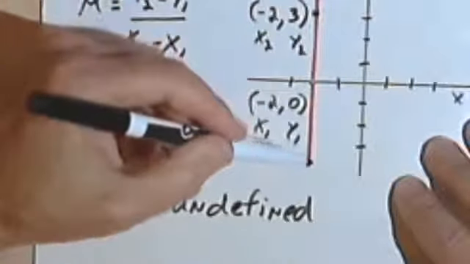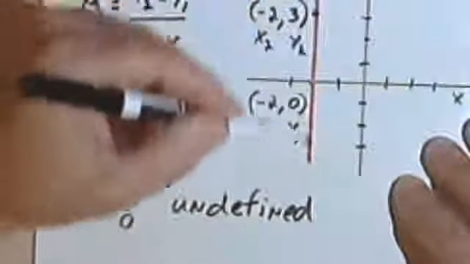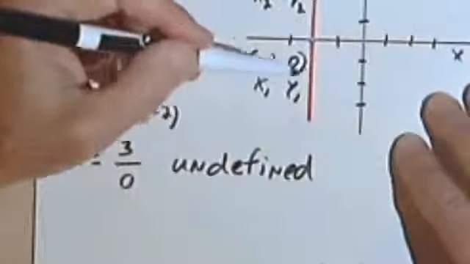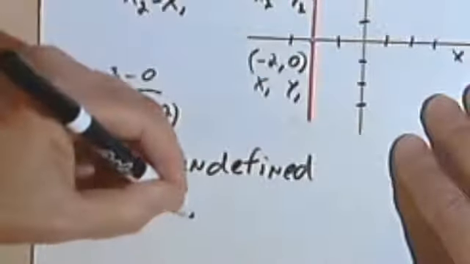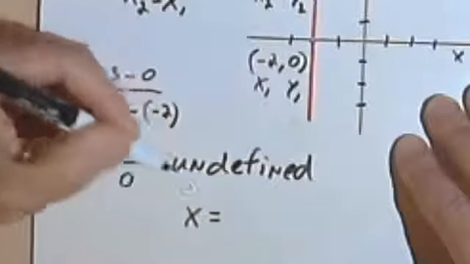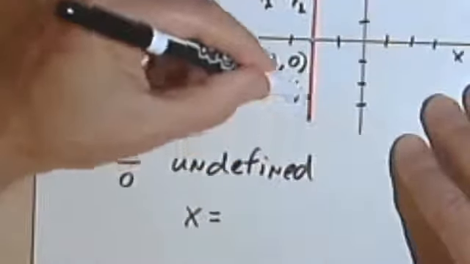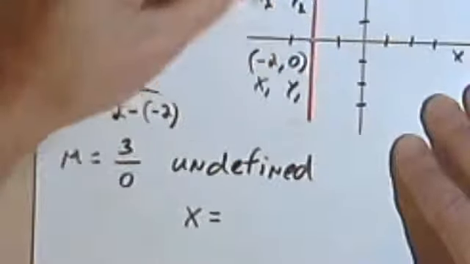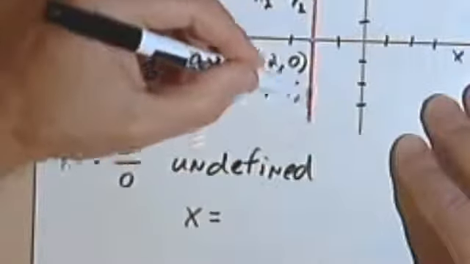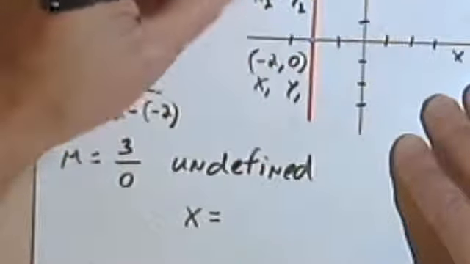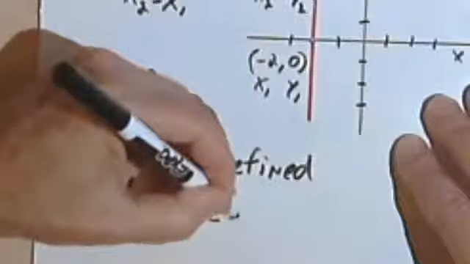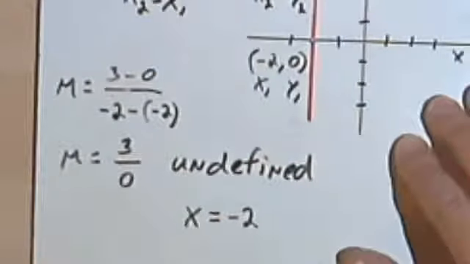In this case, the x is always negative 2. So the equation for a vertical line is going to start with x equals, and then whatever number the x of this line always is. And this line is always at negative 2 all the way along here. So I'll have x equals negative 2.